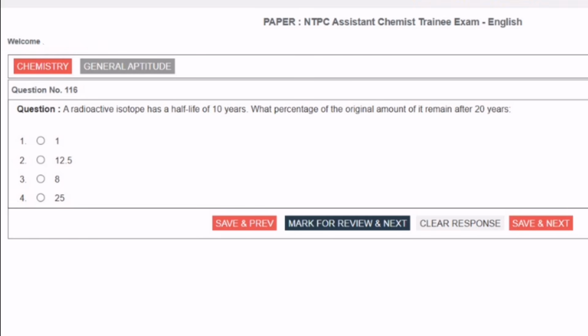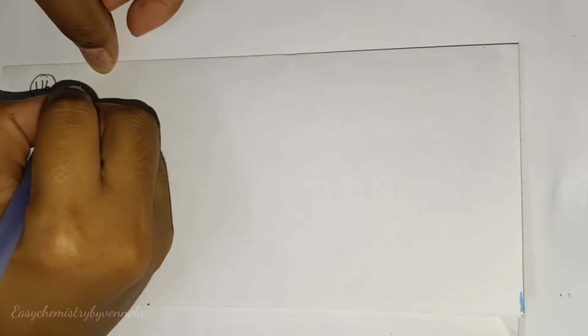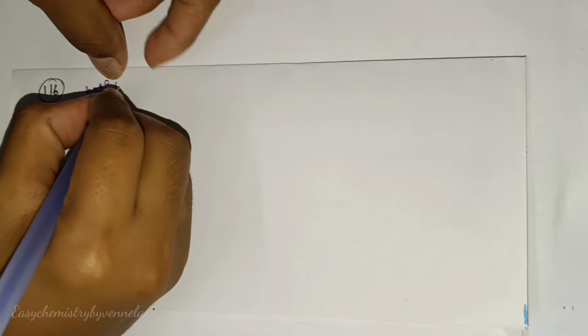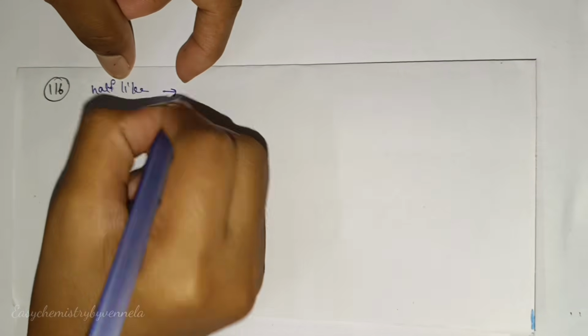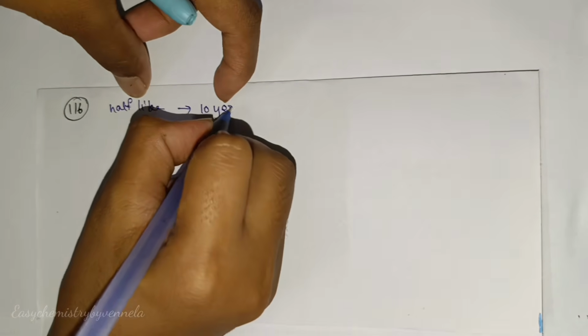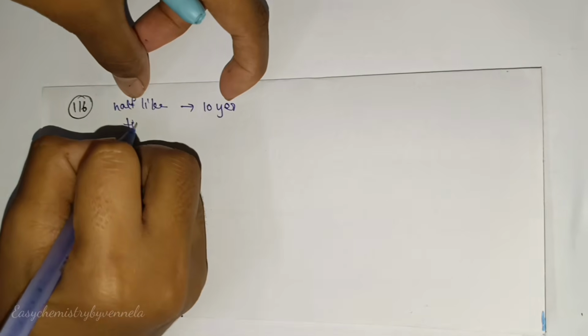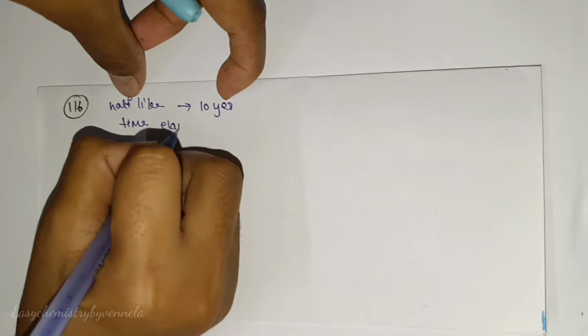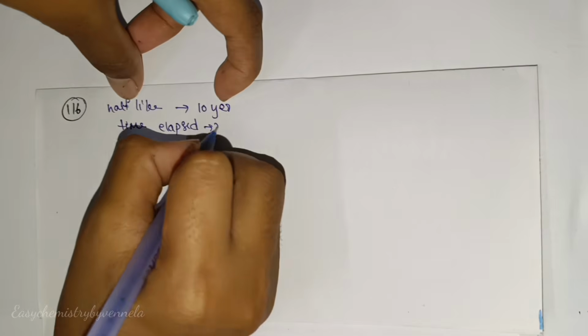Next question. A radioactive isotope has a half-life of 10 years. What percentage of the original amount remains after 20 years? What is given? Half-life of the radioactive isotope is 10 years. Next, time lapse is 20 years.